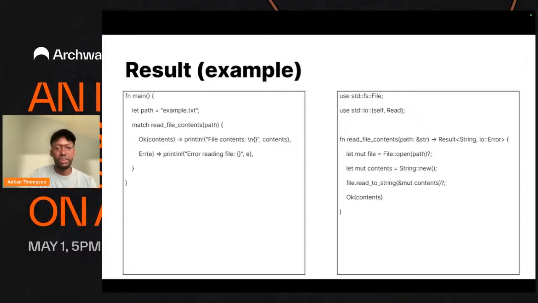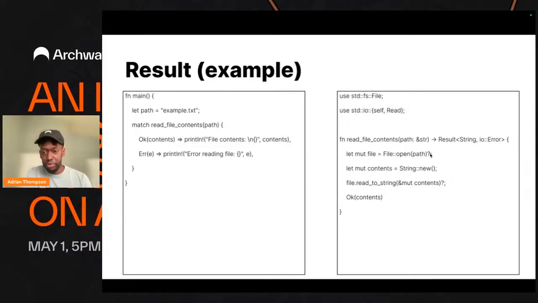So let's look at this example. If we're trying to load a file, so we're trying to read a file. We have this file example.txt. We pass this file to this function read file contents, and here we see that we're opening the file.